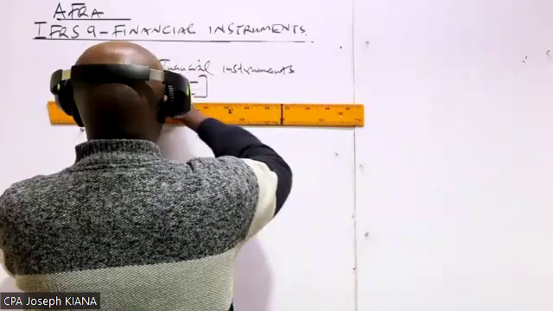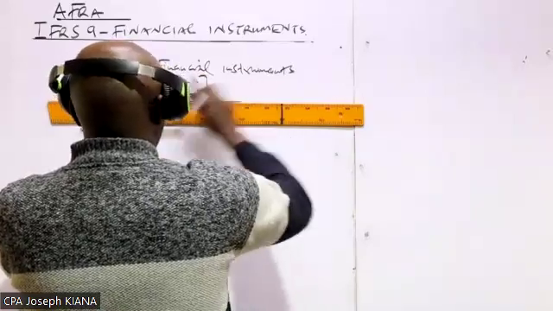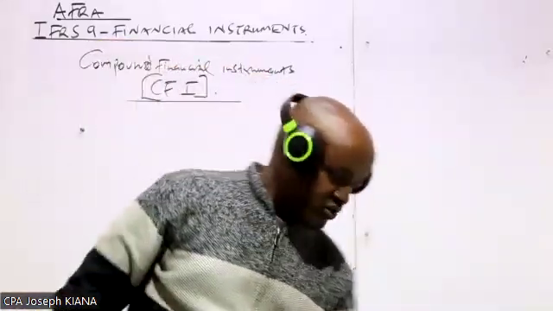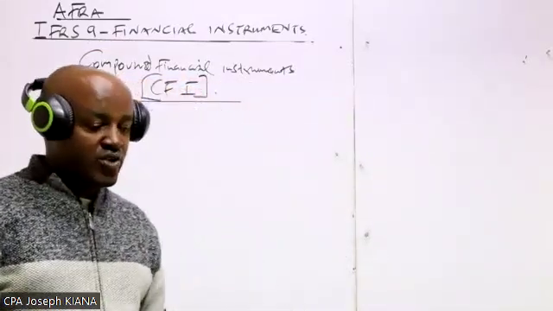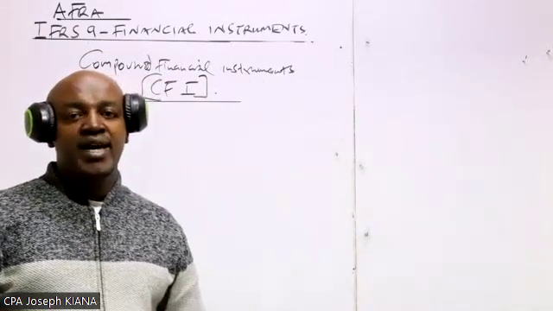Compound financial instruments are those financial instruments, e.g. debentures, e.g. bonds, which contain both equity and liability components.